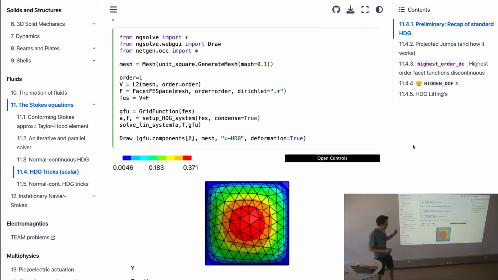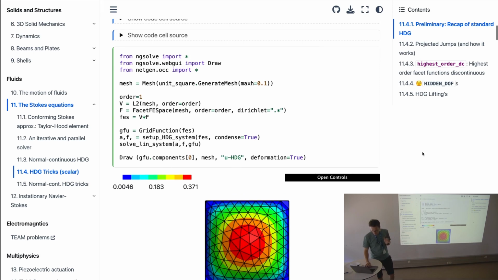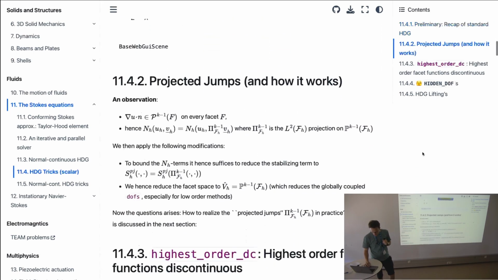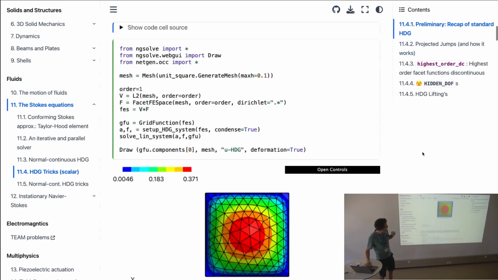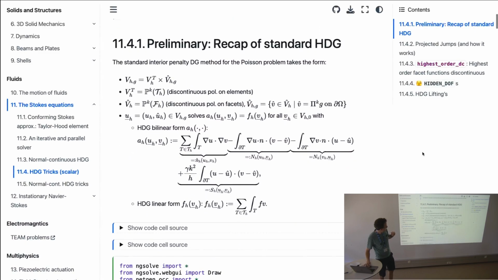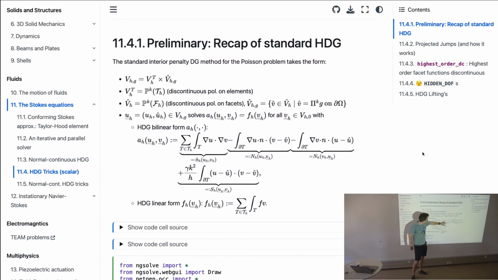Okay, so that means the facet unknowns are determining the major cost in solving these types of linear systems. And there's one trick that we can do. If you take a look at the formulation, you might see, if you think about it a bit, that in the boundary integrals, this gradient u dot n appears just as a polynomial of degree k minus 1 due to the derivative.